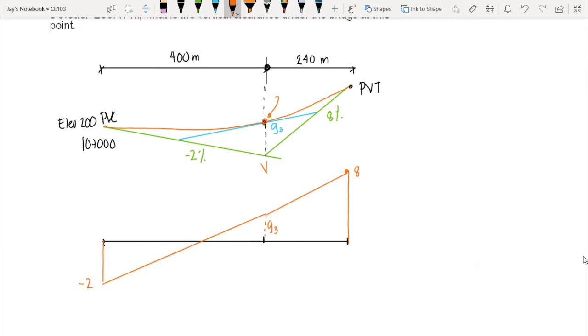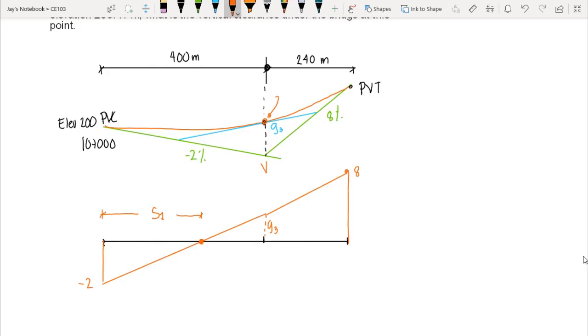The location of our lowest point is the point where we have a 0 slope, or 0 grade. That is the lowest point on our unsymmetrical parabolic curve, and we have to determine the location of that point from PVC. So we have this S sub 1, and we will be computing S sub 1 here.